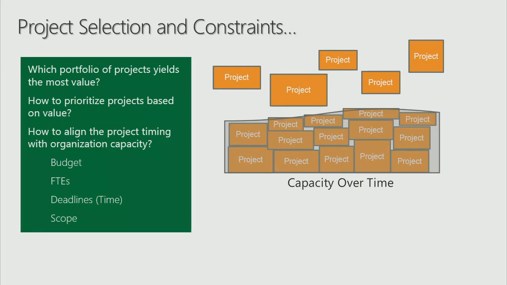So on our little drawing here, we show we have capacity over time. And this could be any number of capacities, whether it be FTEs or money, so on and so forth. And we have projects that have demand against that capacity of varying amounts. It's important to not only pick the projects to get us the value that will still be within our capacity, but also schedule them at the right point in time. And we'll talk about how simulation really helps with that.